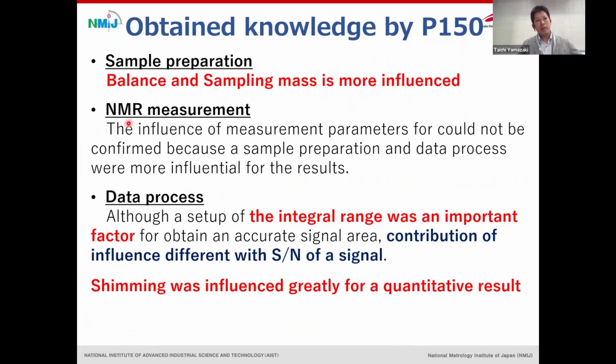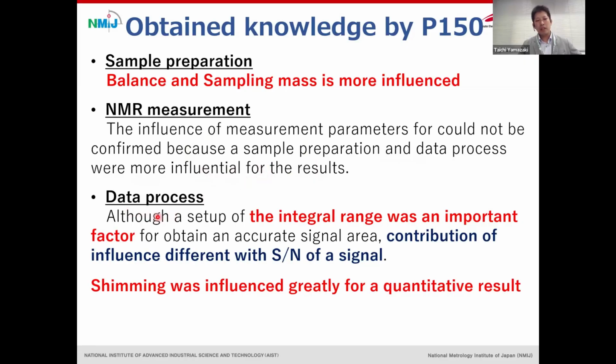Next, NMR measurement. Today, I will not show it in detail. The influence of measurement parameters could not be confirmed, because sample preparation and data processing were more influential in this comparison.